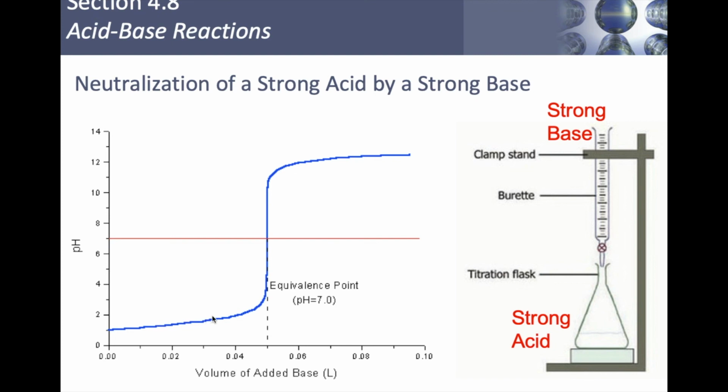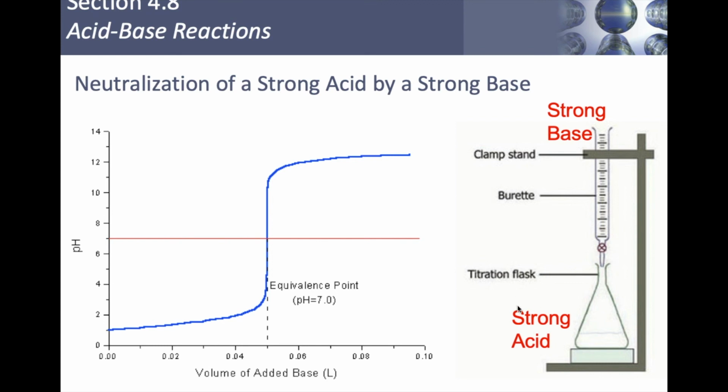And as it increases, eventually there's going to be a point where you add just even one drop, and then you get this huge, gigantic change in pH. And so it goes from being acidic to being neutral and then basic very quickly. And when it does that, now you're adding extra base. And so now it's becoming even more basic. And so that's kind of how a titration is run.